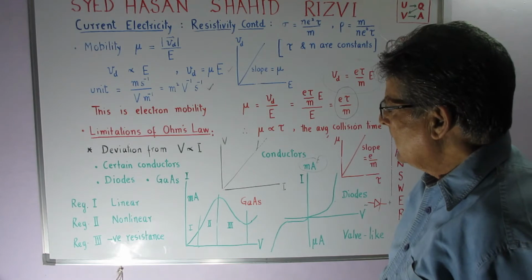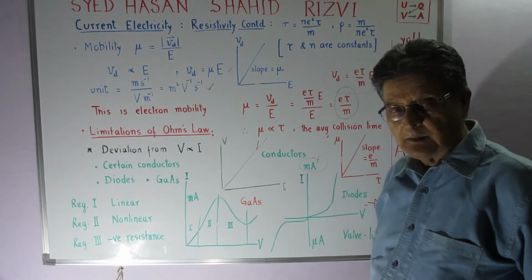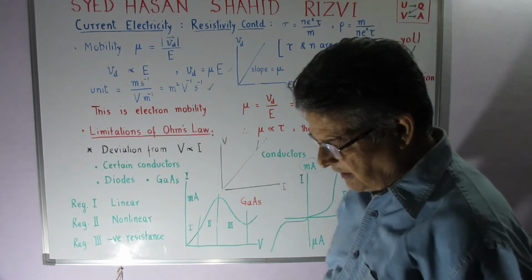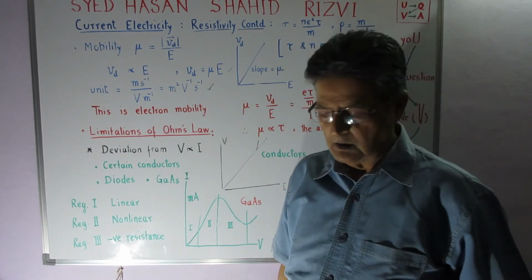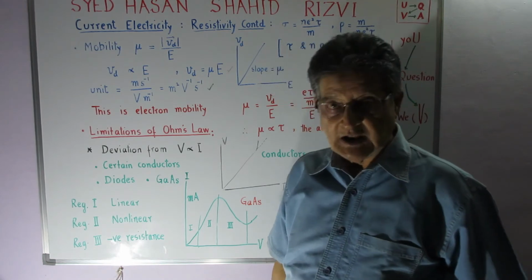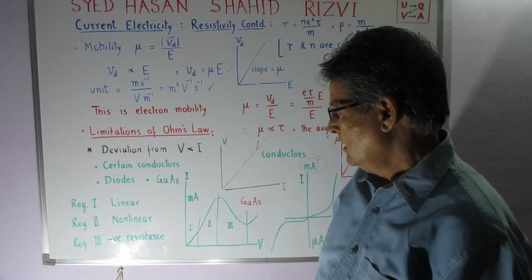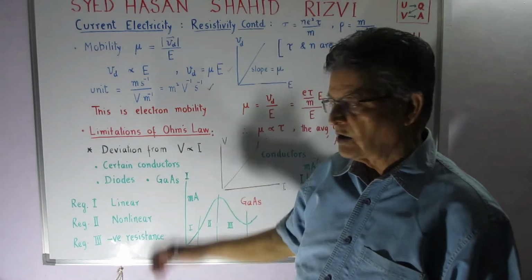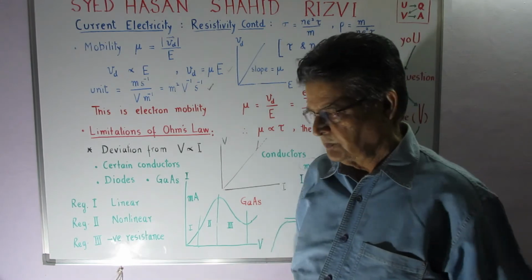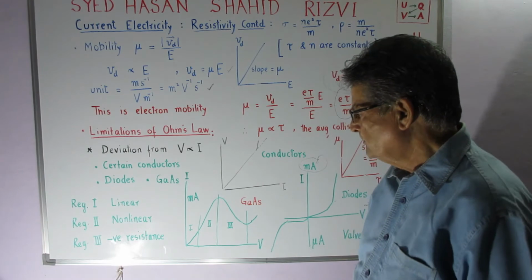The elemental semiconductors, which are elements, are mostly silicon and germanium. Silicon is the most abundant element; silicon dioxide, you know, is sand.